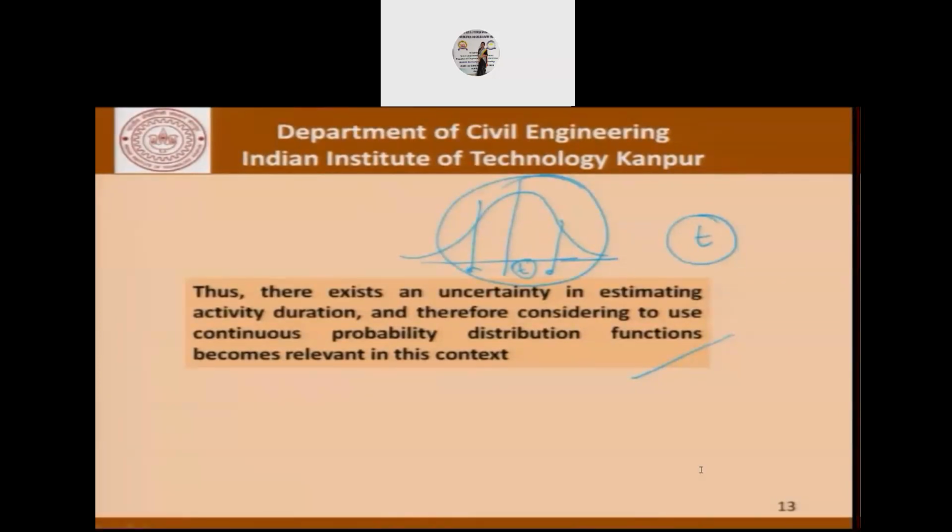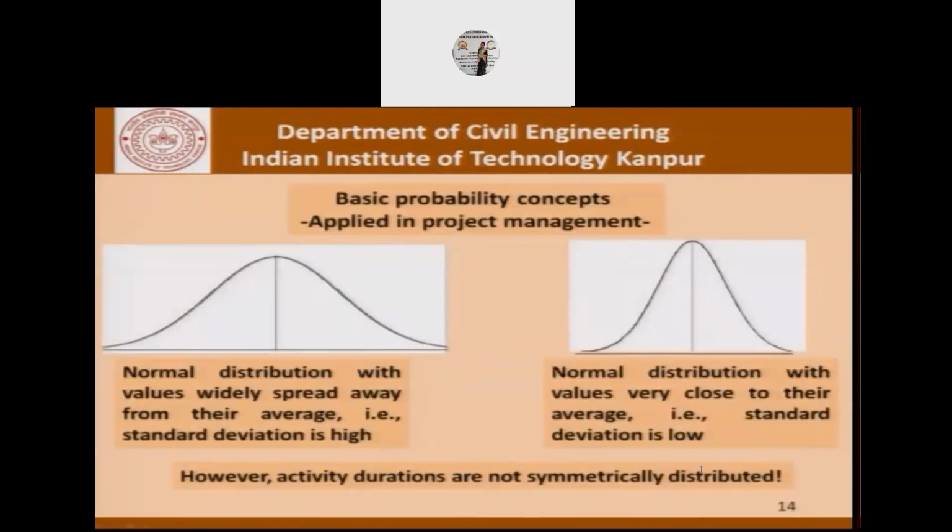So without going into the statistics of the whole issue, let's try to understand the basic story of the normal distribution. The normal distribution with values widely spread away from the average is the situation where the standard deviation is high. Compared to this picture here is a situation where the peak is sharper, which means that the area in this part is closer to the mean.